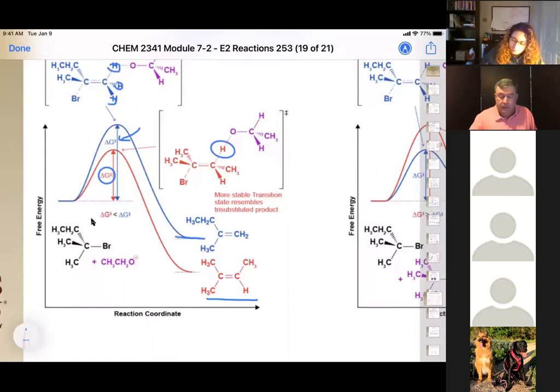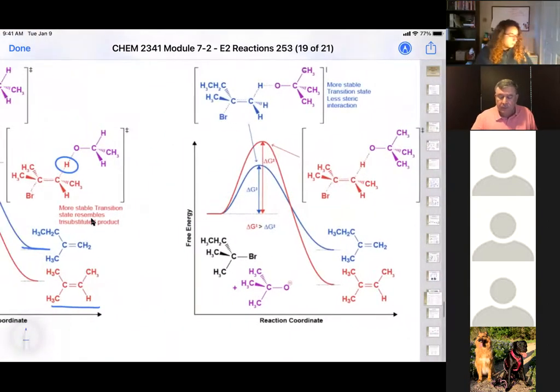Okay. In contrast, we have the less thermodynamically stable one having the lower activation energy. And the lower activation energy tells us it's going to be faster. And so we have the less stable one actually forming much, much faster than the more stable one.